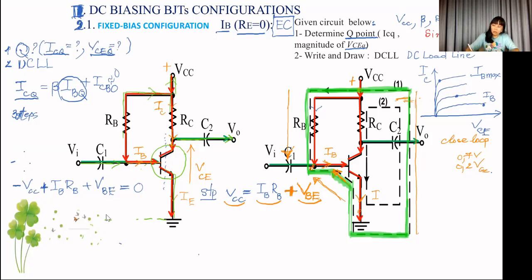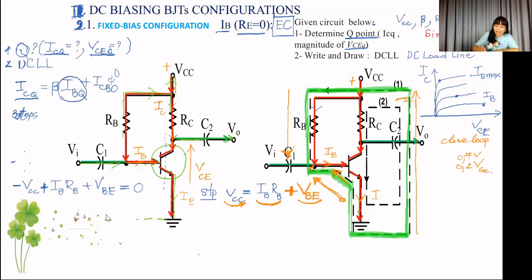This is VCC. The second arrow is the voltage on the base resistance. And the third is the voltage on the junction. And this voltage is the input voltage of this circuit. This is the first step.